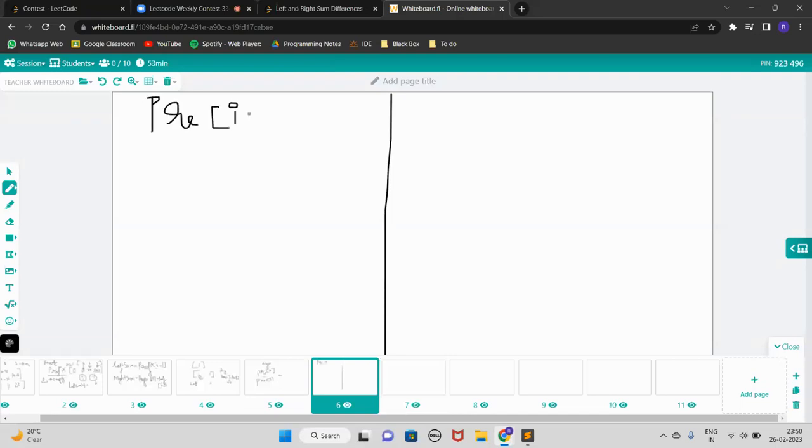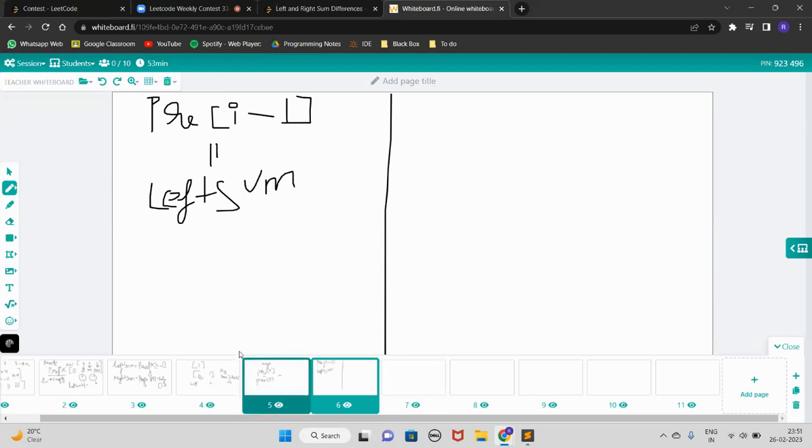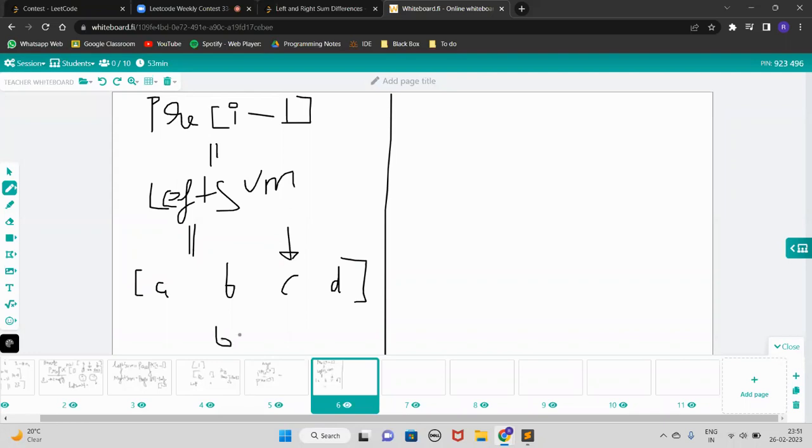Pre of I minus 1 is equal to the left sum of I, meaning all of the indexes less than I. For example, in this array A, B, C, D, these are just temporary values. If we have to find the left sum of C, it would be equal to B plus A.